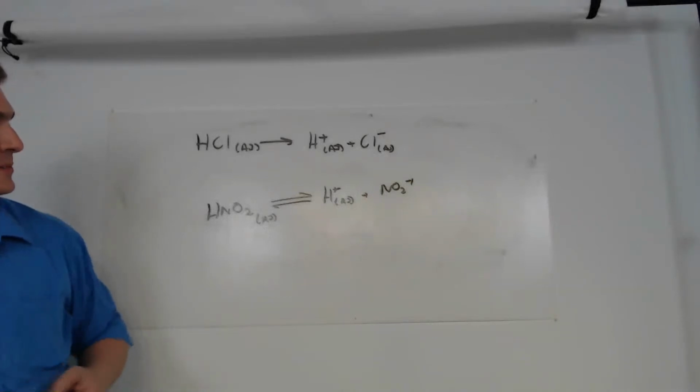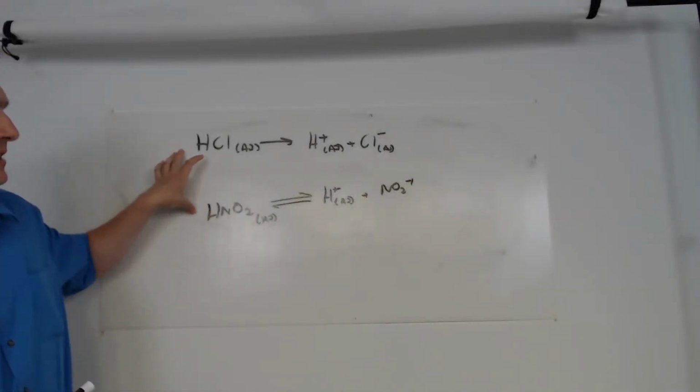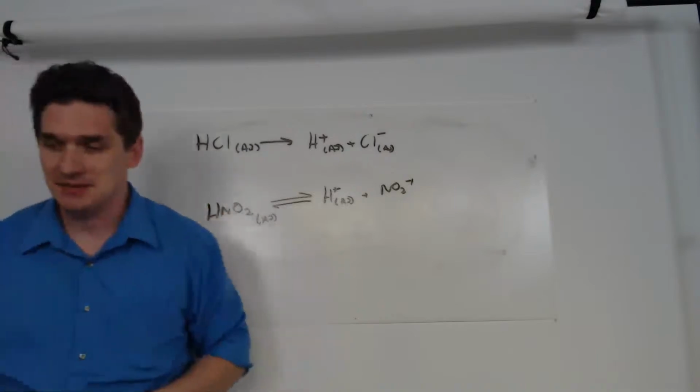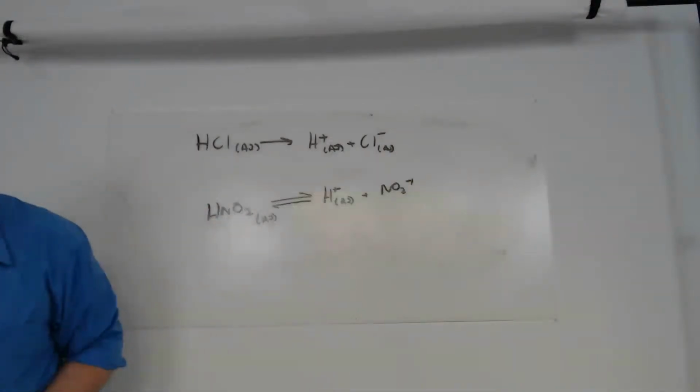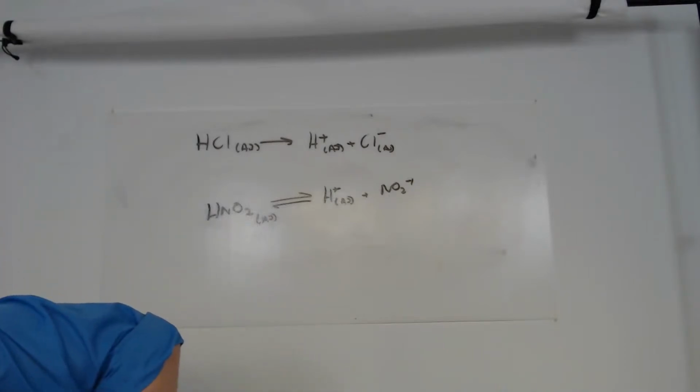Looking too far on the reaction, what's the difference between the two reactions? Not just the compounds. So the compounds are inconsequential. What do you notice about the reactions themselves? You write bigger. Let's see if I can move the camera closer.